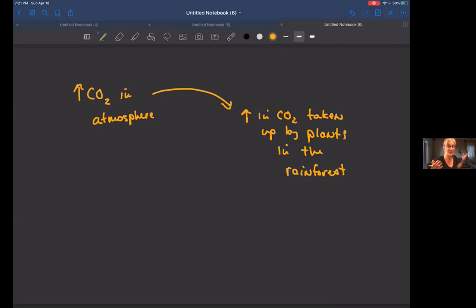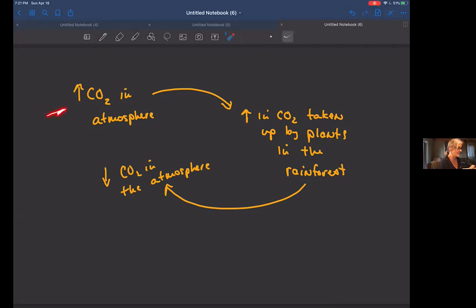So it's actually a mechanism that then decreases CO2 in the atmosphere. Sometimes this is referred to as the stimulus to the response, which then decreases the stimulus. So is this negative or positive? This feedback is actually negative. So this is a negative feedback mechanism.